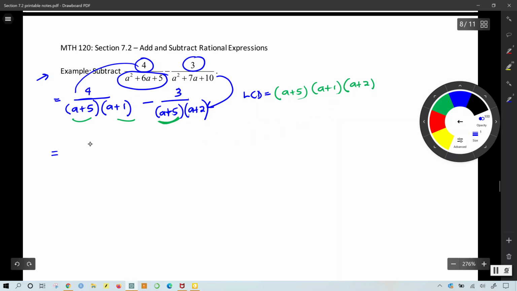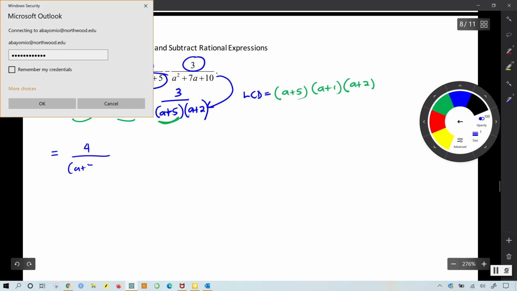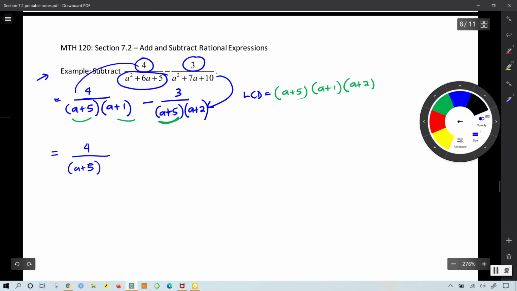That means that 4 all over a plus 5, a plus 1, which needs to catch up with the LCD, would need an extra element of a plus 2 on the bottom and on top too, minus 3 over a plus 5, a plus 2.